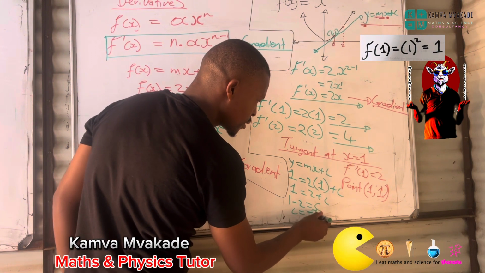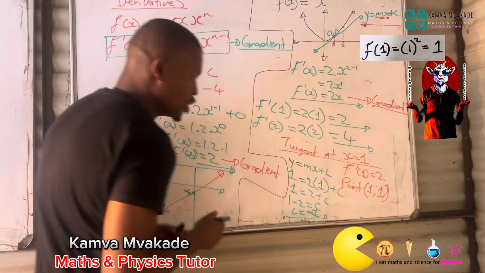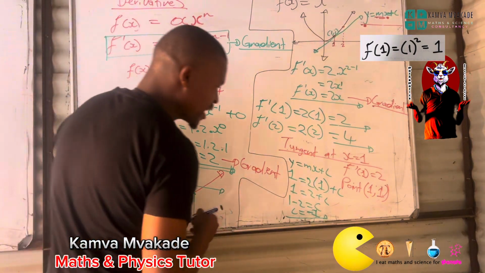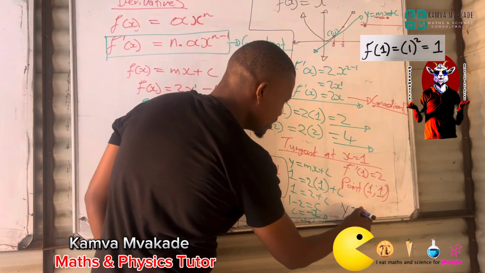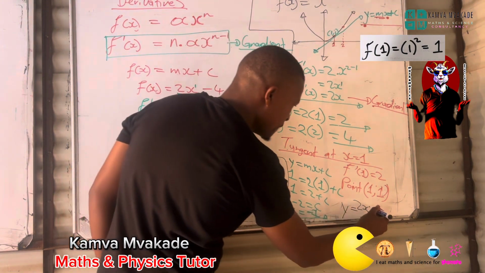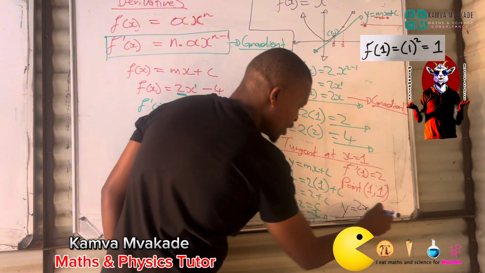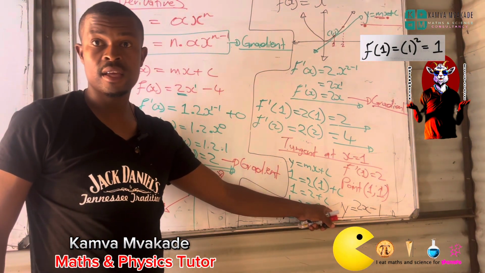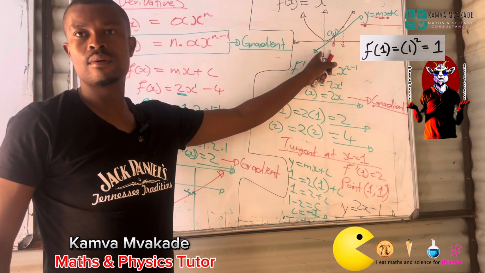Negative 1. So our y equals 2x minus 1. That is the equation of what? It is the equation of the tangent.